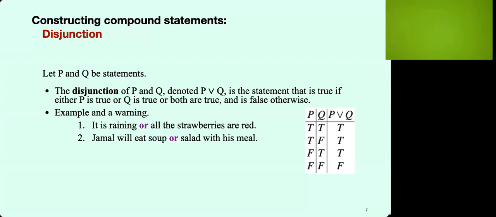So the word or in the mathematical sense, the or statement, is true if both of the component statements are true. So Jamal eats soup and Jamal eats salad with his meal. All right, so that's just a warning. In the mathematical framework, the word or could be true when both of the component statements are true.